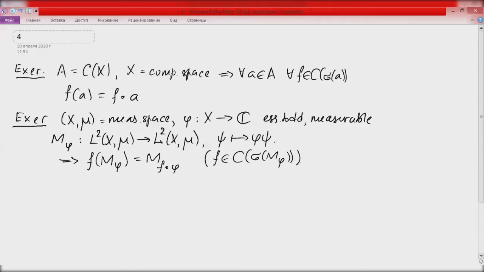Also, I'd like to stress that to prove this formula, we must also show that f composed with phi is well defined. Because the spectrum of m phi is not precisely the set of values of phi. You may remember that this is the set of essential values of phi. So before proving this formula, we must explain that this composition is well defined.